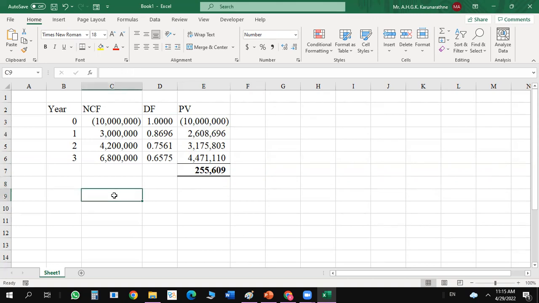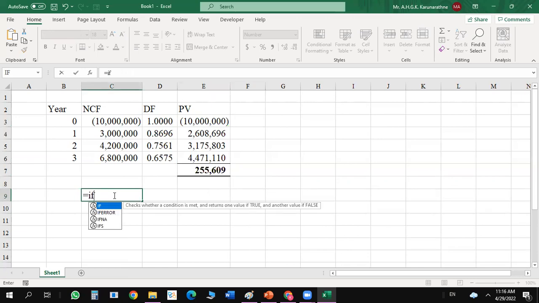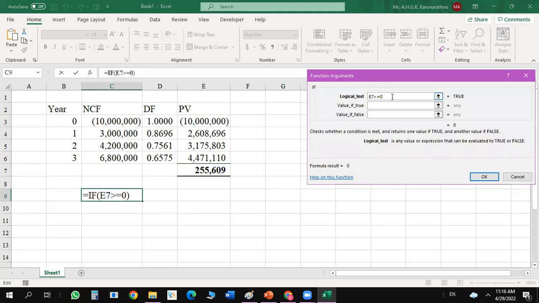And if you want to get the recommendation, we can use an IF function. Let's say if this particular value is greater than or equal to 0, if the value is true, we say accept the project.